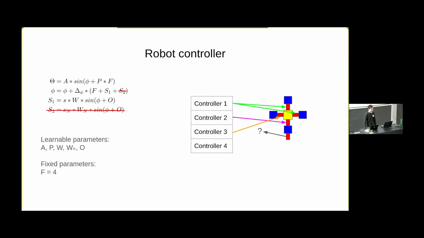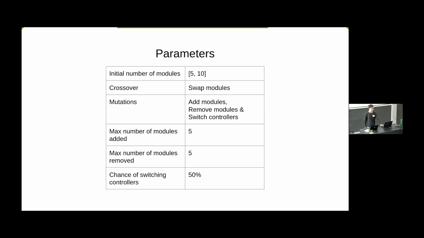I have talked about 2 mutations for the morphology. There's also 1 mutation that is possible for the controllers, which means that the controllers will just switch which hinges they are controlling. So for example, this can happen that first controller 2 controls the bottom hinge, but it will control the left hinge. So those are the 3 mutations.